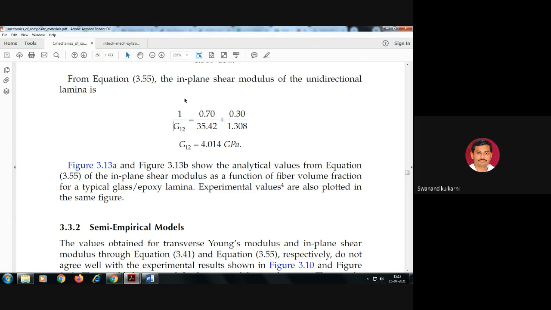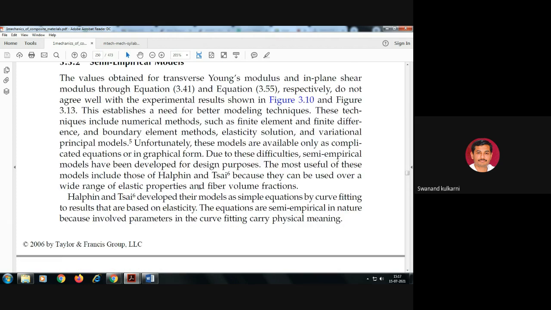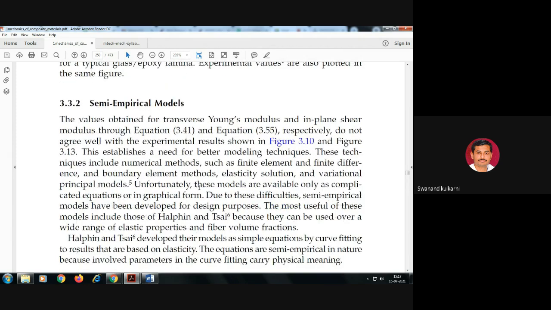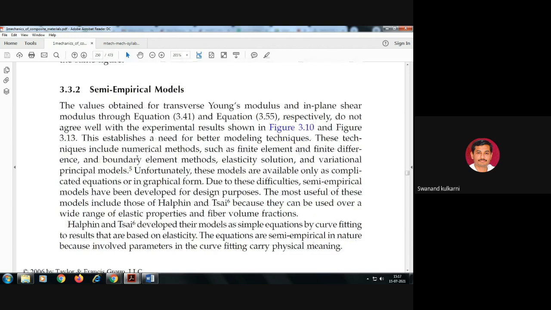Initially with the rule of mixture, we identified the volume percentage, weight percentage and density, and then by the strength of material approach, we identified the longitudinal Young's modulus, transverse Young's modulus, shear modulus, major Poisson's ratio and minor Poisson's ratio. Is it okay? So like this, we can have these different calculations here.